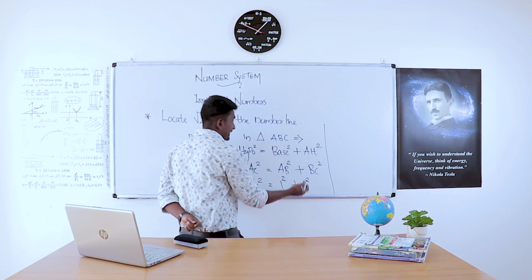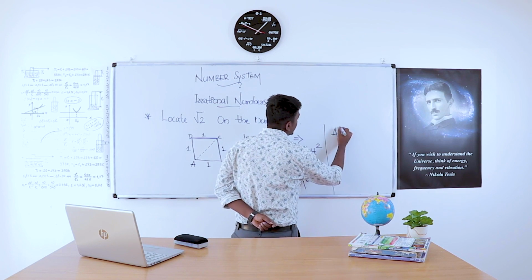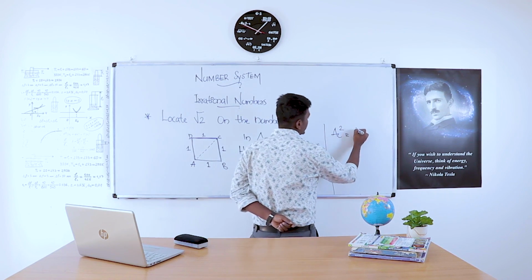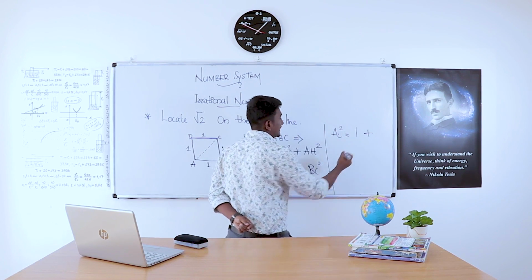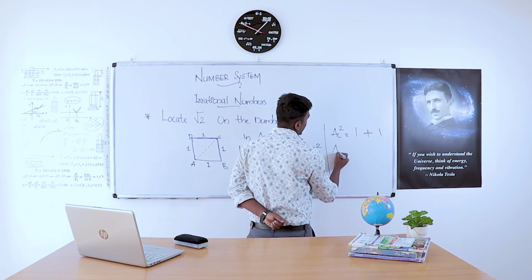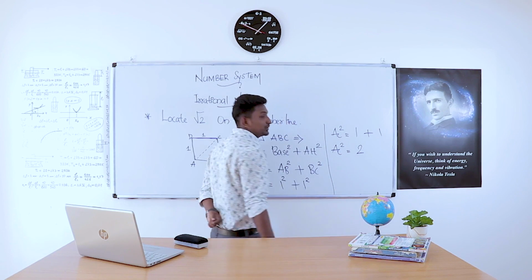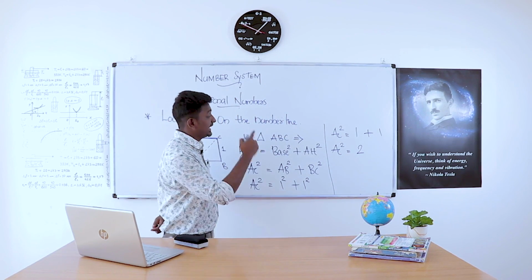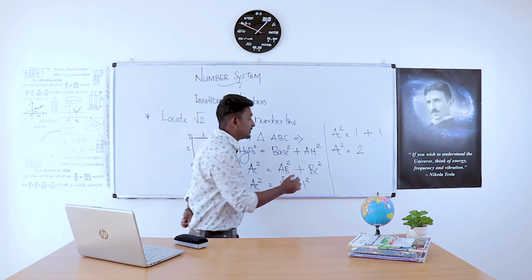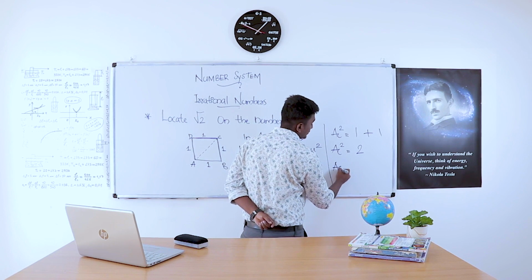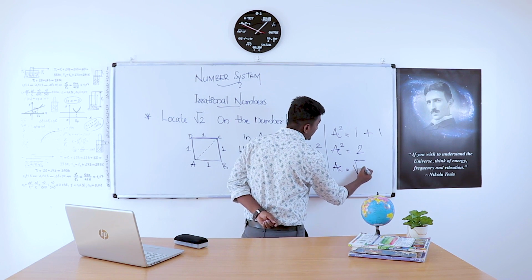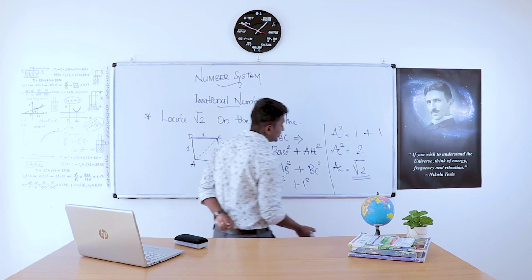Then AC square is equal to 1 plus 1, that is 2. To find AC, we have to take the square root. That is, AC is equal to root 2.